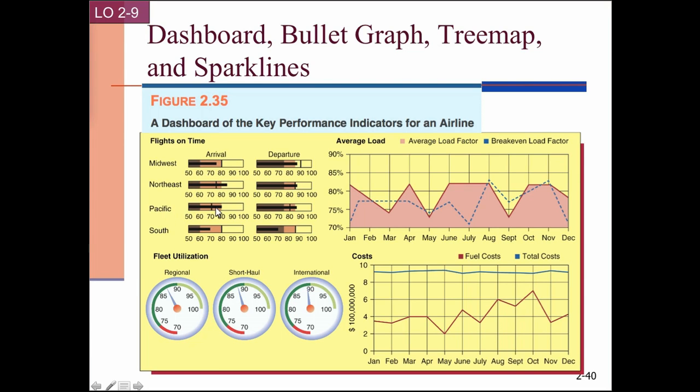The Pacific actually overperformed, and exactly the same with the departure time. However, the South did really badly against their objective: 70% where it was supposed to be 80, and here 70% where it was supposed to be 90.